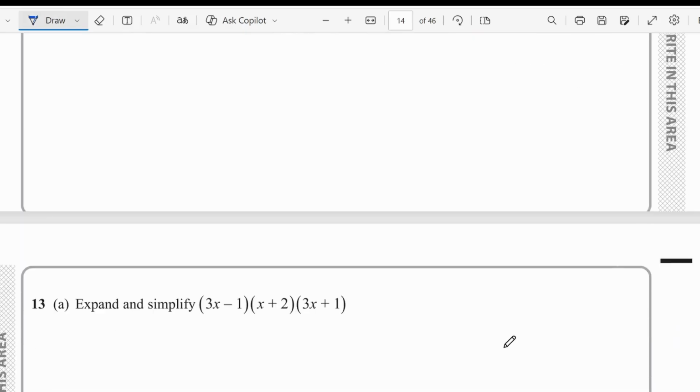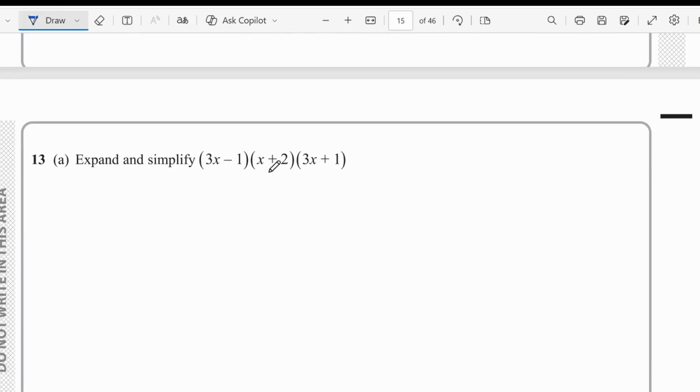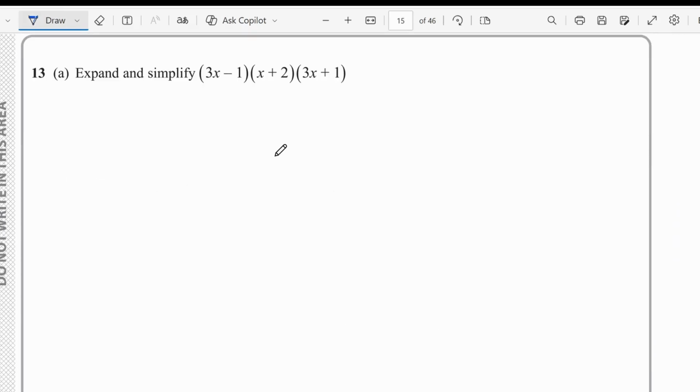Now the next part is expand and simplify. These are 3 brackets. I'm going to multiply these two first and then multiply with the third one. So 3x minus 1 times x plus 2.